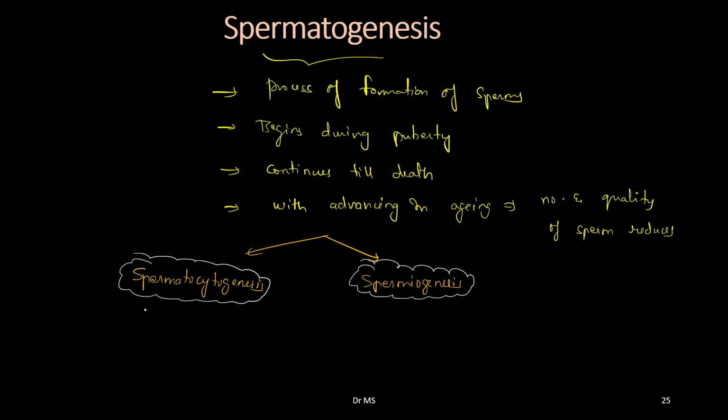That's nothing but the formation of spermatids. As it is forming the spermatids, it is called spermatocytogenesis. So from where will these spermatids form? From spermatogonia, or you can say the immature germ cells.